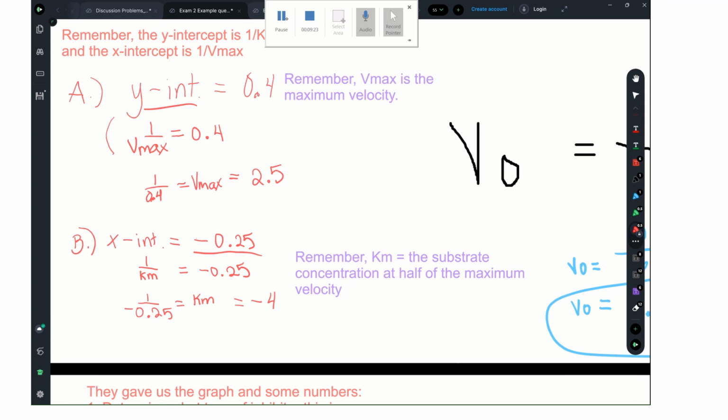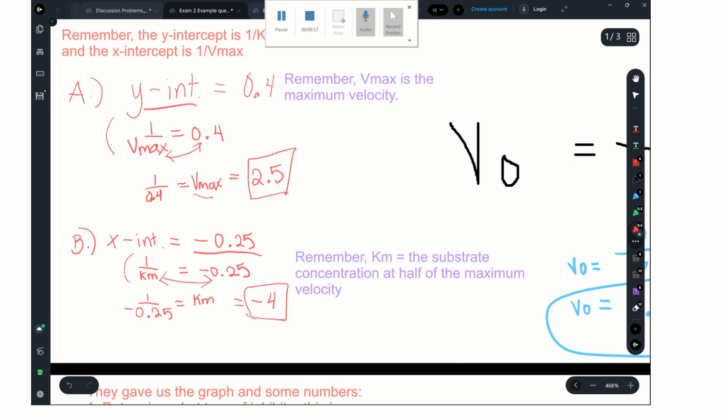Then you just swap these, and 1 over 0.4 is equal to the Vmax, which is equal to 2.5. And for the x-intercept, they gave us that it equals 0.25. You just do the same thing. 1 over Km is equal to 0.25. Then you swap these, so 1 over 0.25 is equal to Km, and that equals 4.